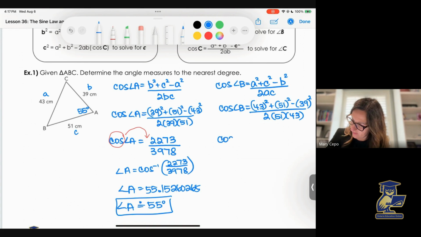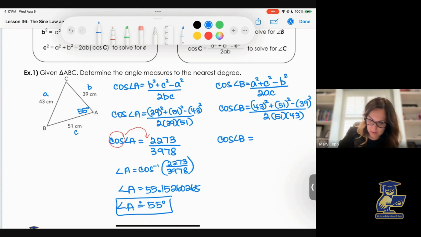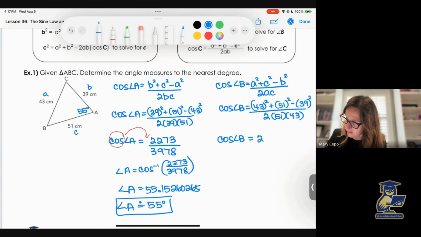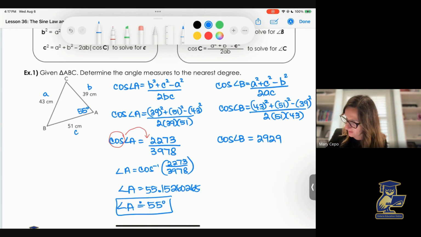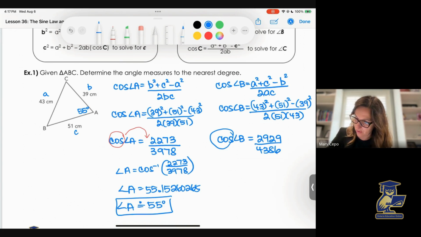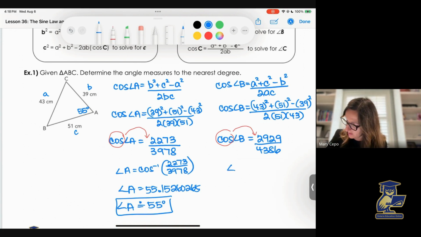So cosine of angle B is equal to 43 squared plus 51 squared minus 39 squared, which would be 2,929, over 2 times 51 times 43, which would be 4,386. We're separating again the angle from the ratio. Bring that over to the other side. Make sure to do the inverse. Again, shift cos on your calculators.